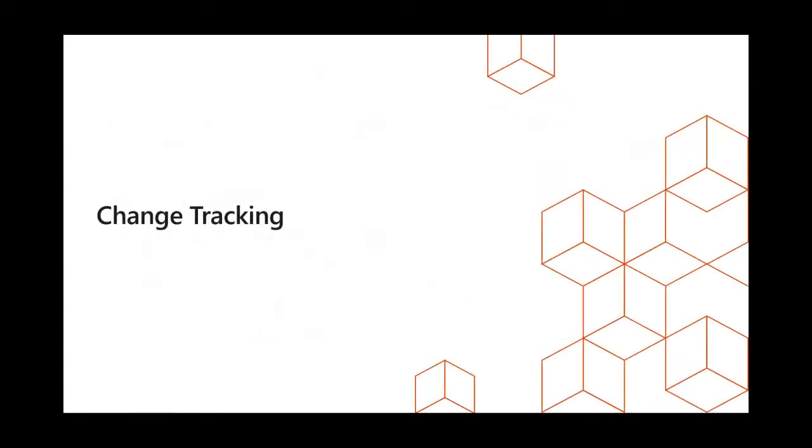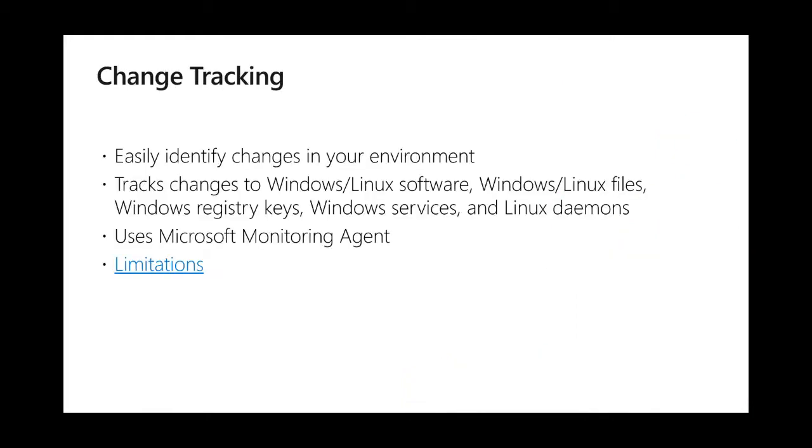Change tracking, another important one in my opinion: you will be able to see what changed in your environment. Here we are talking about tracking changes in Windows and Linux software, different files, registry keys, services, or daemons. Again, it will require the monitoring agent. Change tracking is part of an automation account, just to know where you can add it.